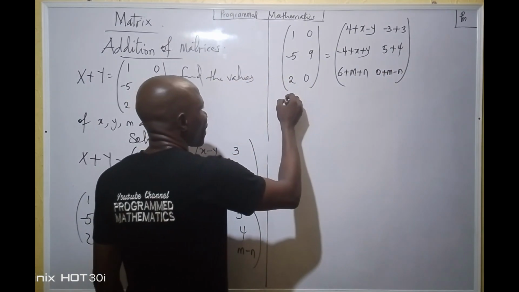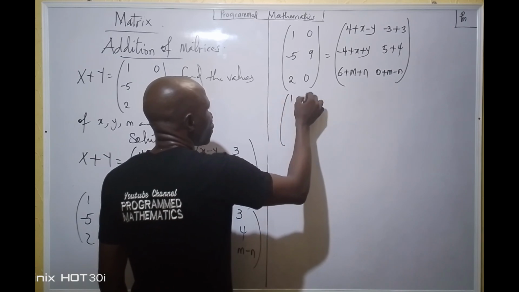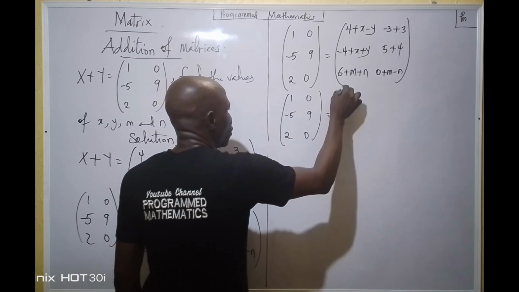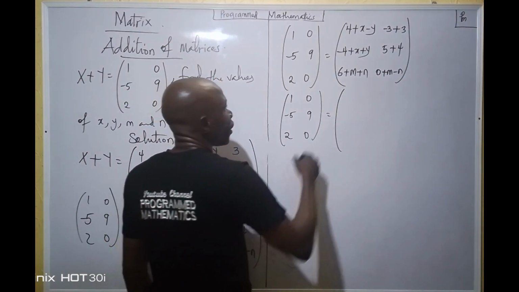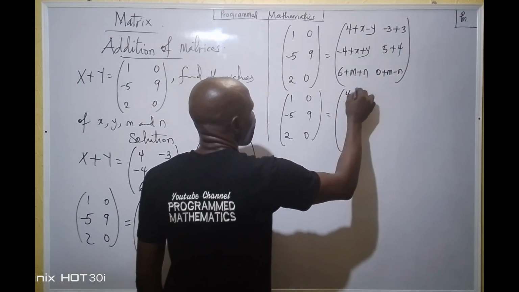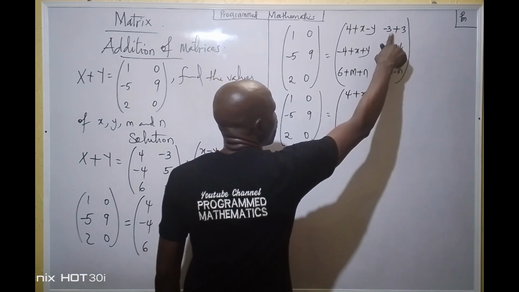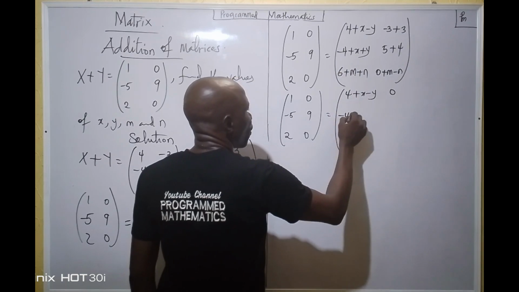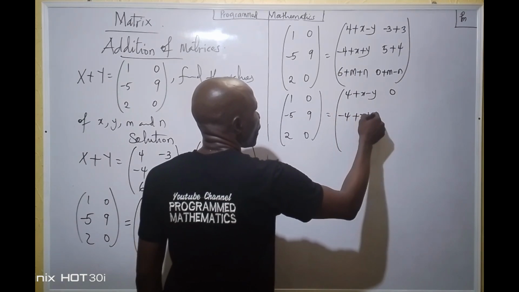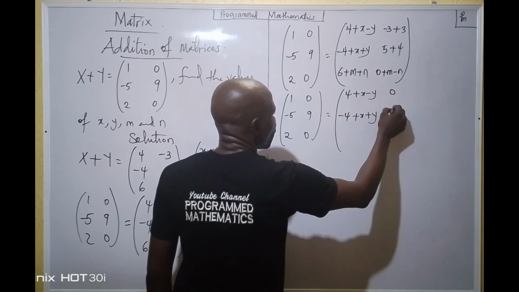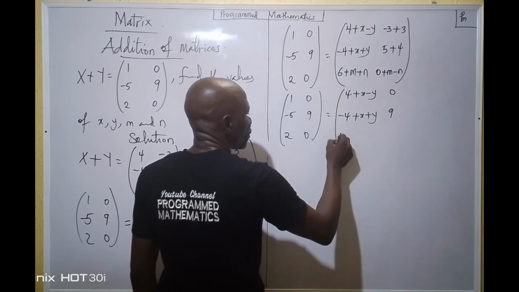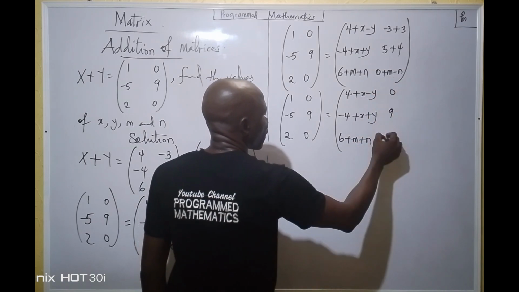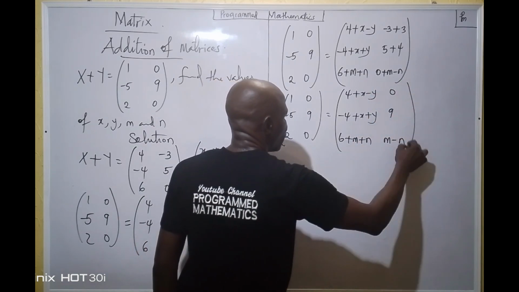Okay, so we can simplify this further now as 1, 0, minus 5, 9, 2, 0 equals, if you simplify, this is 4 plus x minus y, minus 3 plus 3 is 0, then minus 4 plus x plus y, then 5 plus 4 is 9, then this is 6 plus m plus n, 0 plus m minus n is simply m minus n.